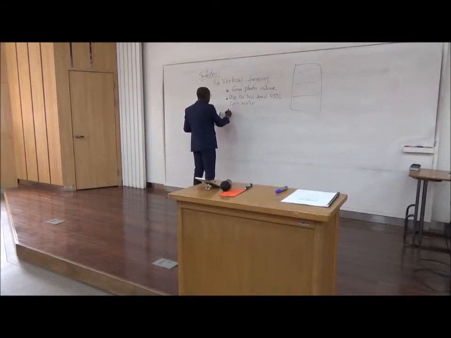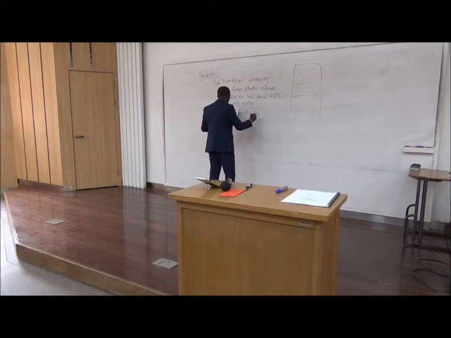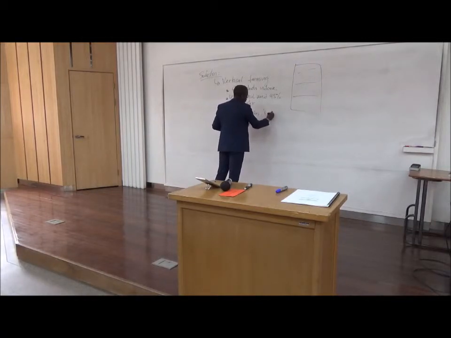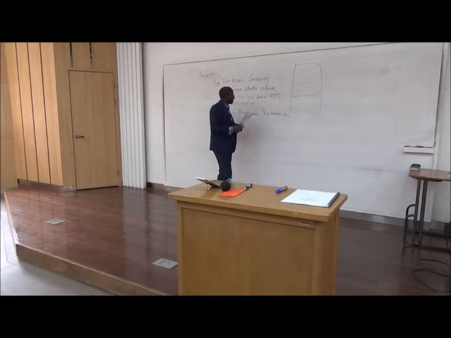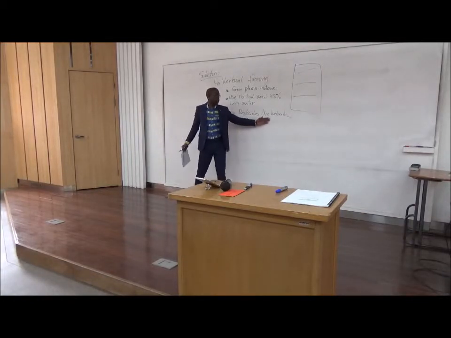The other interesting thing with this one is we have no pesticides here. No pesticides, no herbicides. This part is important. Remember, on Tuesday, when we talked about food safety, we mentioned the pesticides and the herbicides.